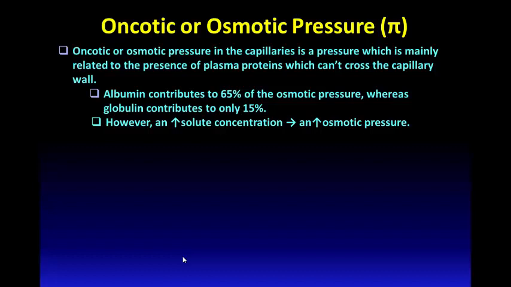These plasma proteins cannot cross the capillary walls and hence exert an oncotic or an osmotic pressure. Albumin contributes about 65% to the osmotic pressure, whereas globulins contribute only 15%. However, an increase in the solute concentration would also result in an increase in the capillary osmotic pressure.